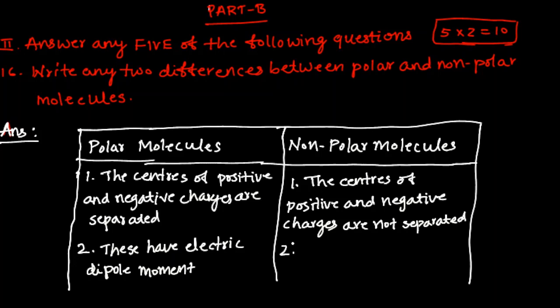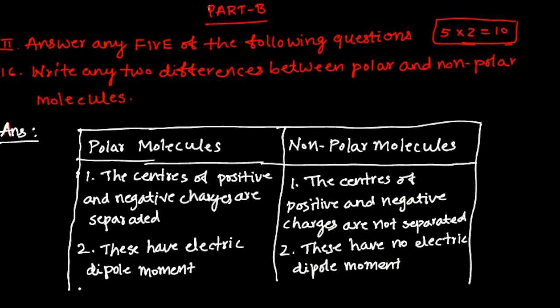Here both positive and negative charges are not separated, they are coinciding. So these molecules have no electric dipole moment. So these are two differences between polar and non-polar.